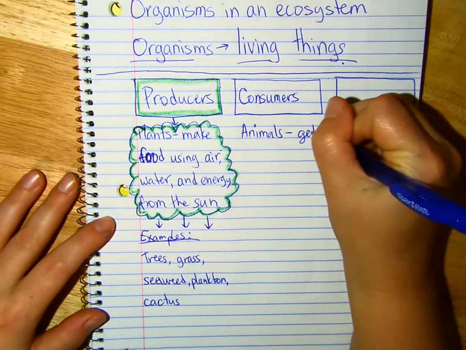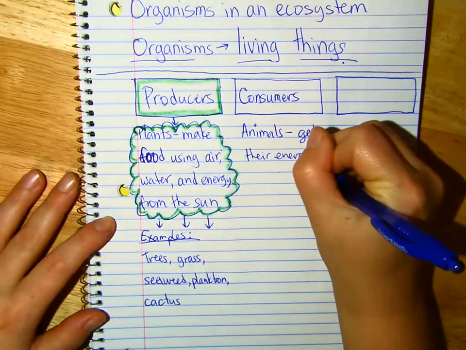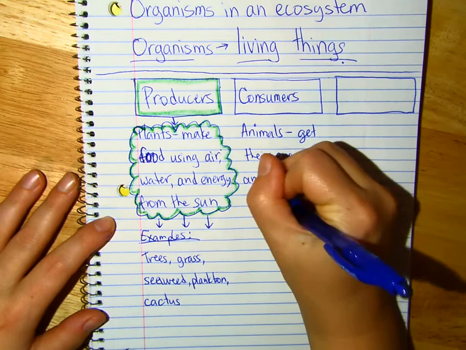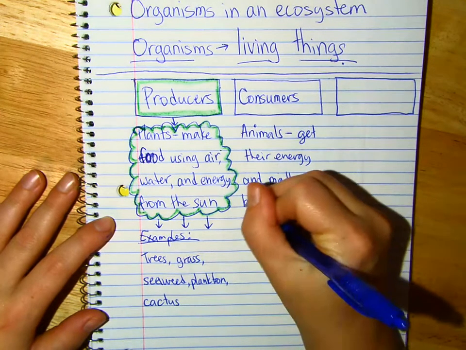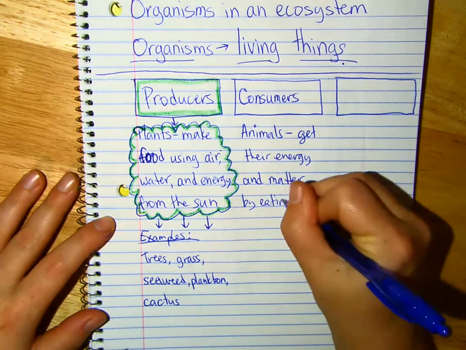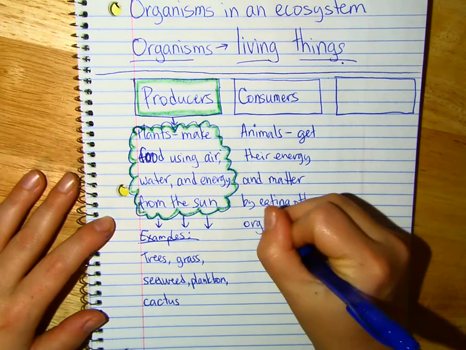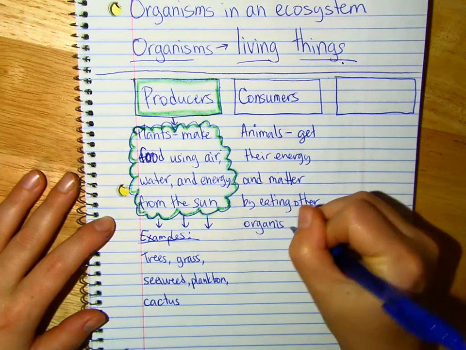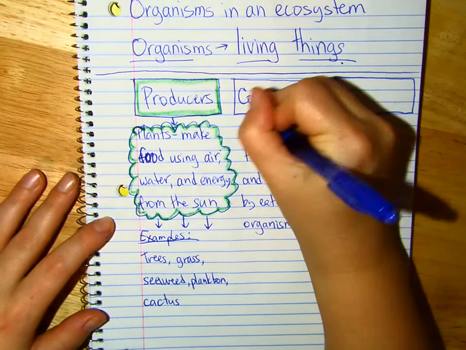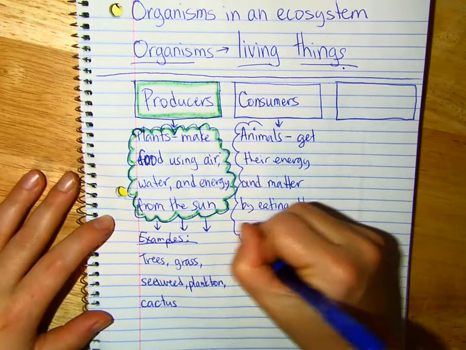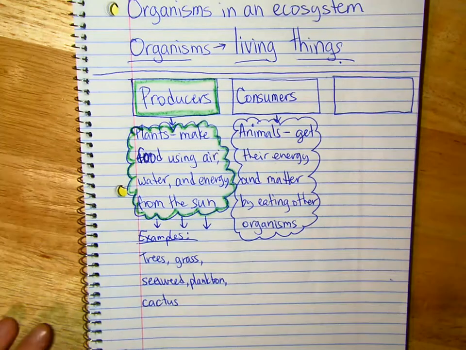Animals get their energy and matter, the stuff they're made of, by eating other organisms. Remember, an organism is any living thing. So animals get their matter and energy by eating other organisms.